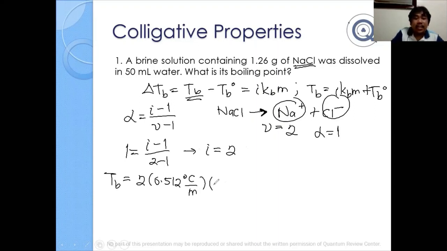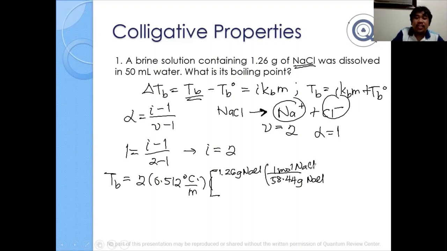Then, the molality is not directly given, but we can find its value. Molality, again, is moles of solute per kilogram of solvent, and you're given this. The moles of solute can be obtained from the mass. So 1.27 grams of NaCl, and you have here 58.44 grams of NaCl for every 1 mole NaCl.